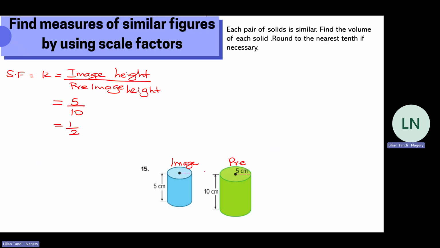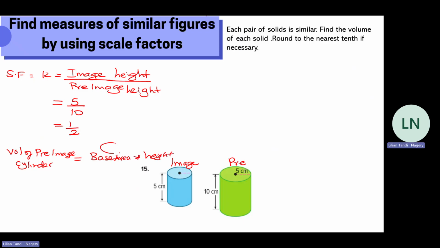Then now you need to find the volume of the pre-image. Volume of pre-image, and it is a cylinder. So cylinder is base area times height.